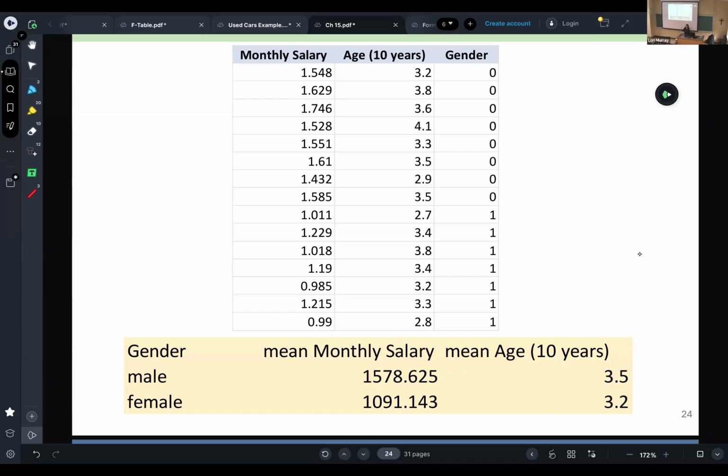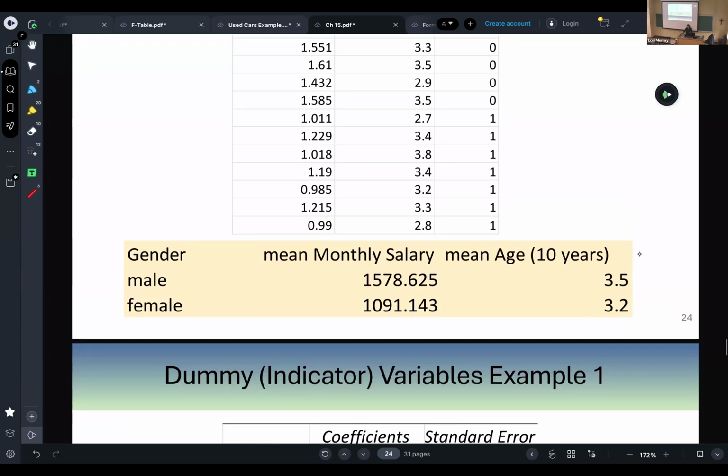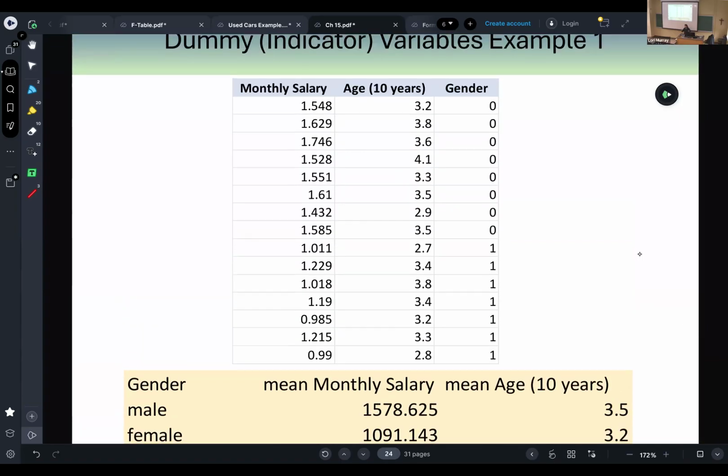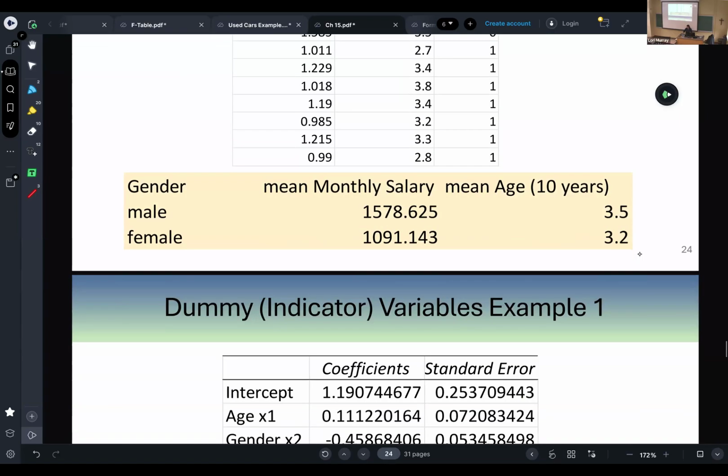But we want to formally test whether we have gender discrimination. You can do that by seeing if gender is statistically significant, or related to the salary. If it is, then we have gender discrimination. If it's not significant, then we don't.